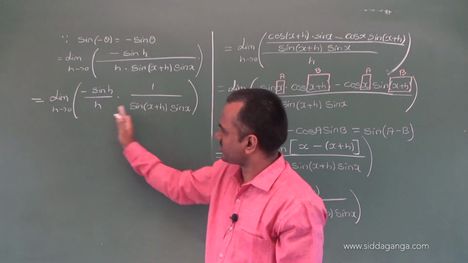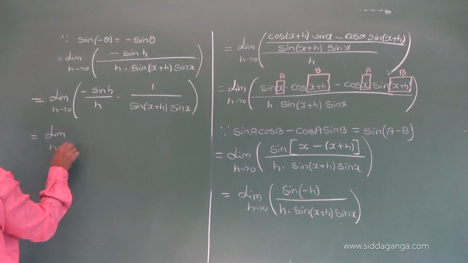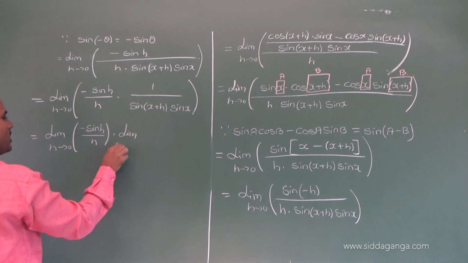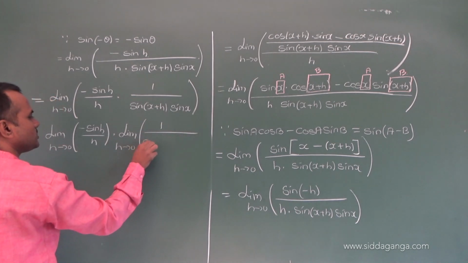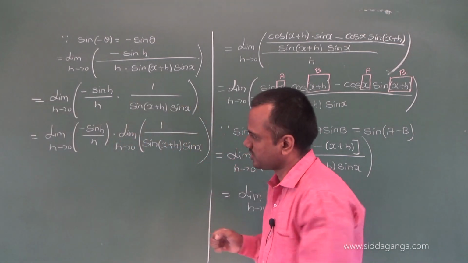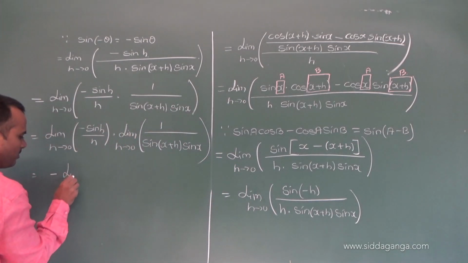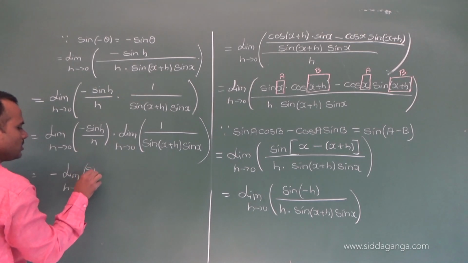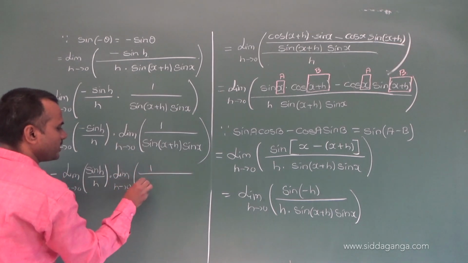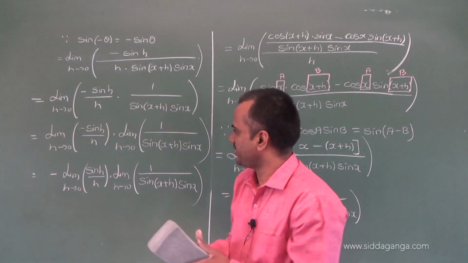It is in the form of f of x into g of x, so apply separate limits. The minus is outside.